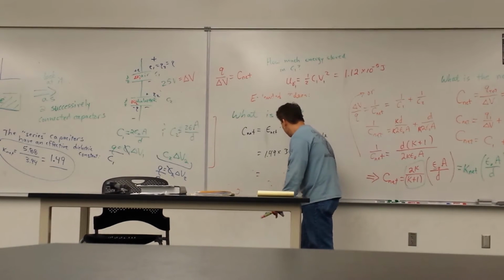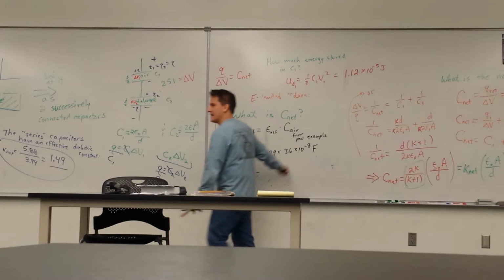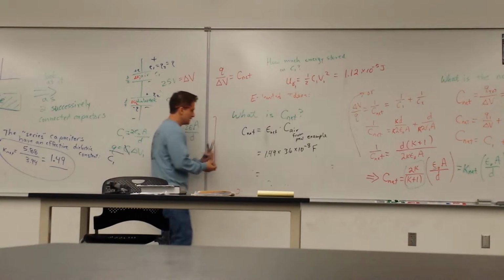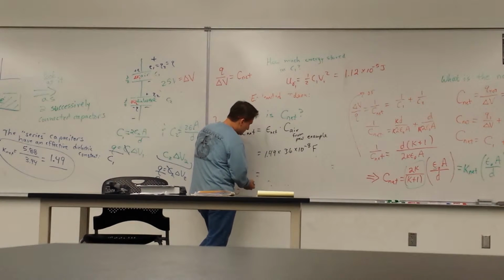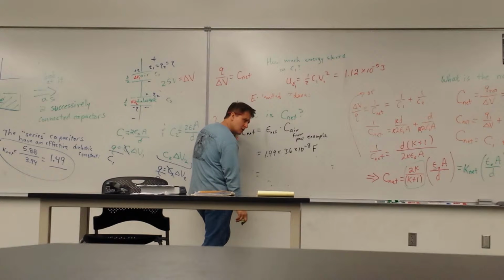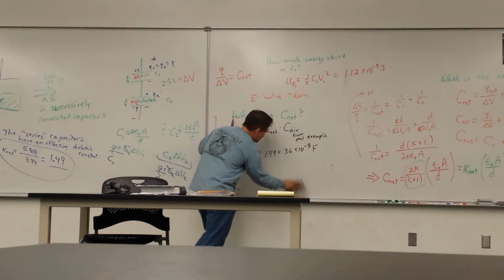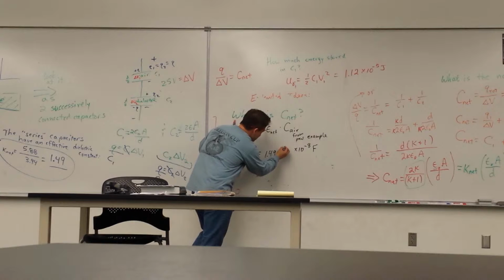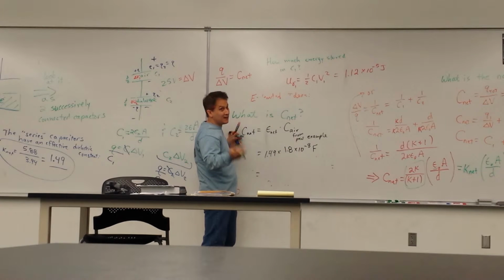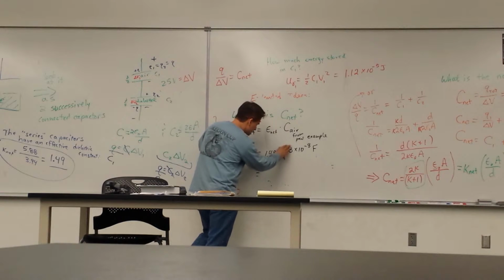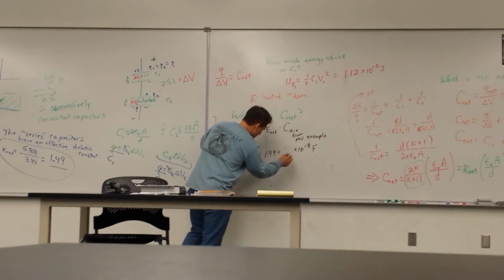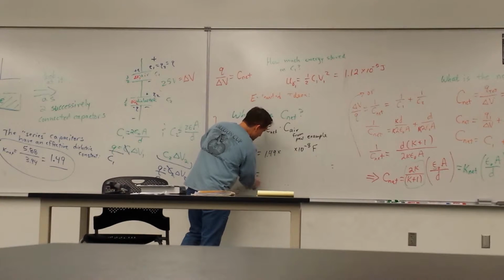I got 1.83 times 10 to the negative 8. That's what I got. I don't know what you just got. No, it's for the answer. You said it's going to be about 1.8 and we were pretty much right.